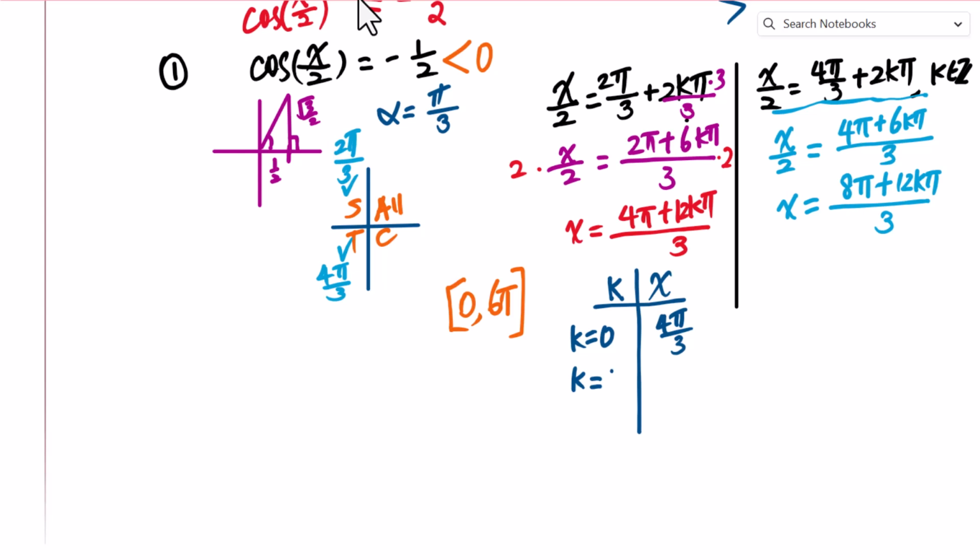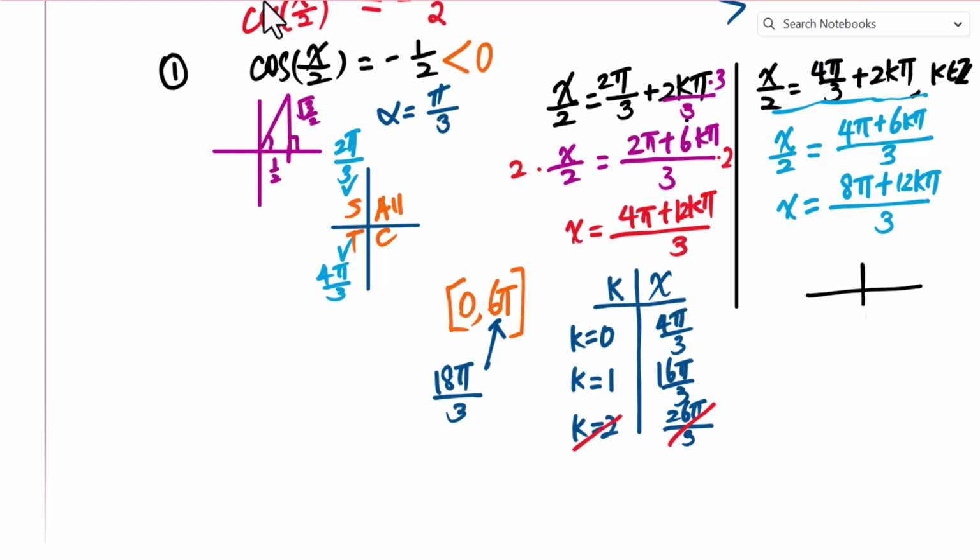K equals 1, we got 16 pi over 3. For this 6 pi, we can change it into 18 pi over 3, so 16 pi over 3 is still in this domain. K equals 2 is out of domain, so cross out.